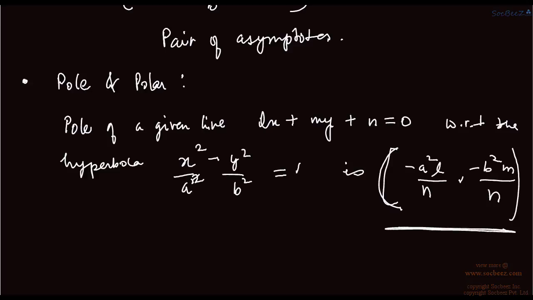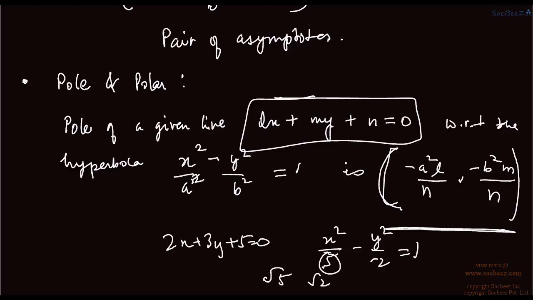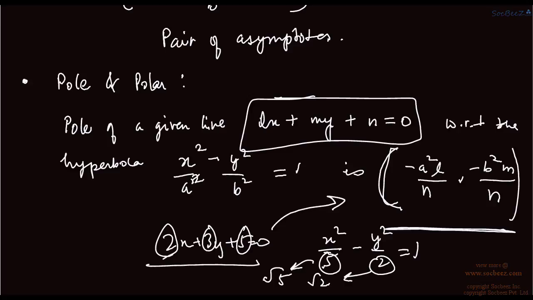This is the point which is the pole for the given line. You may be asked what is the pole for a given line, like 2x plus 3y plus 5 equals 0 for the hyperbola x square by 5 minus y square by 2 equals 1. So you have a value root 5, b value root 2, and the values for L, M and N. You'll just put them here and you'll get the point, which is the pole of the given line.